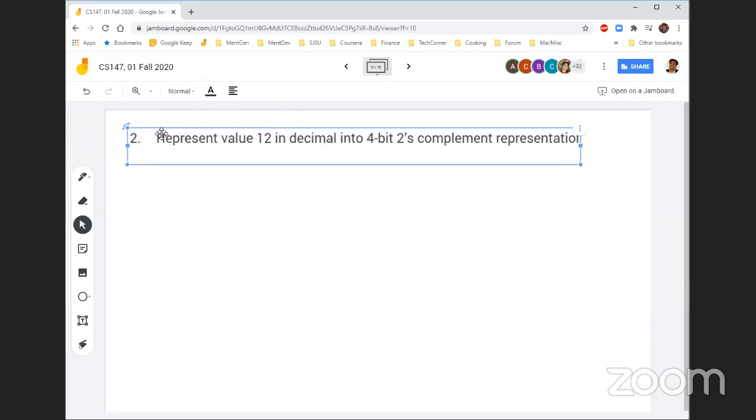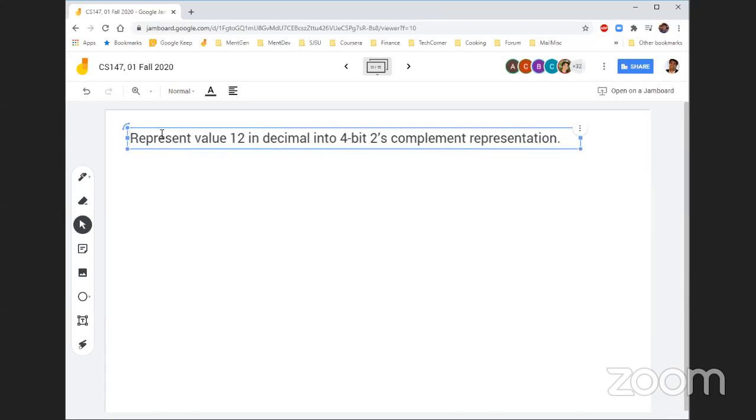Okay. Who wants to answer this one? Represent a value 12 in decimal into a 4-bit 2's complement representation.